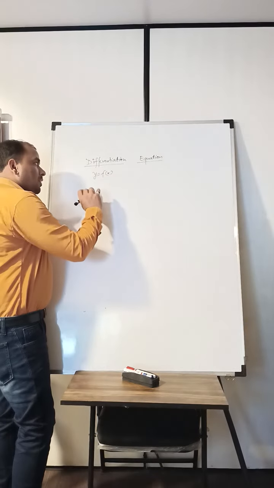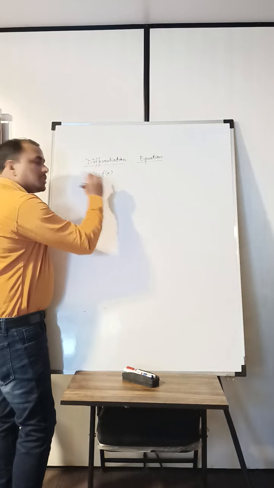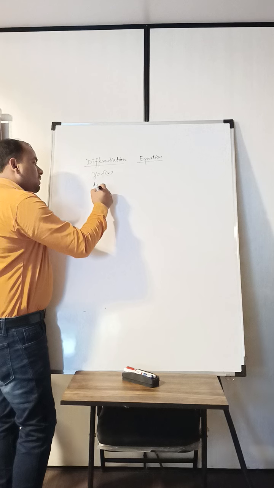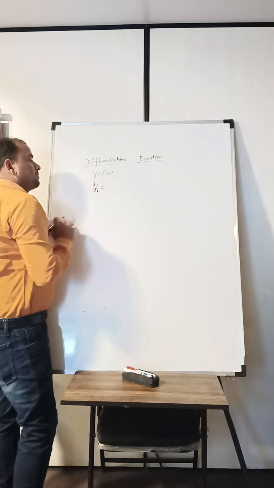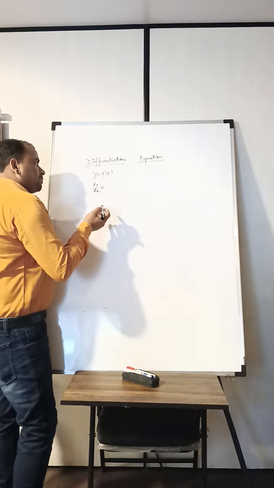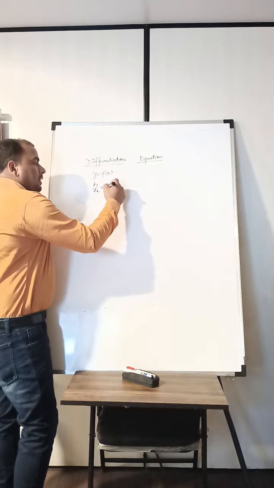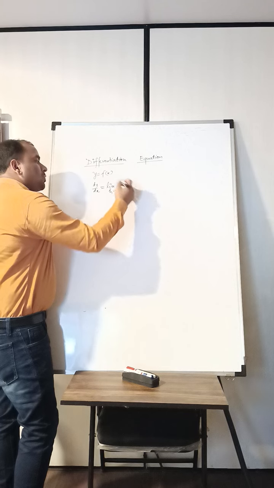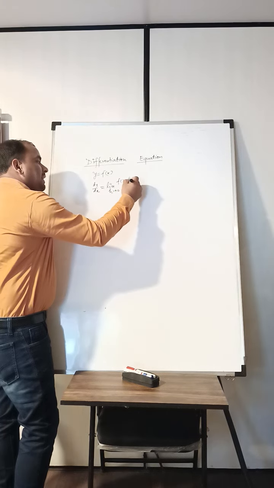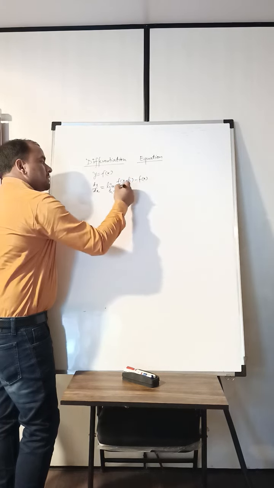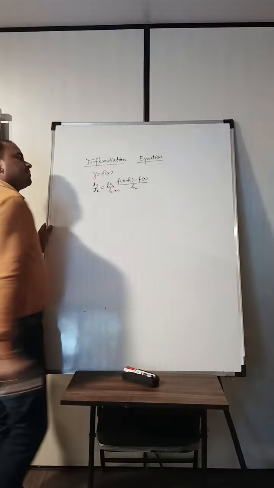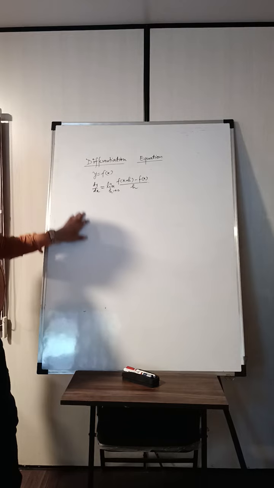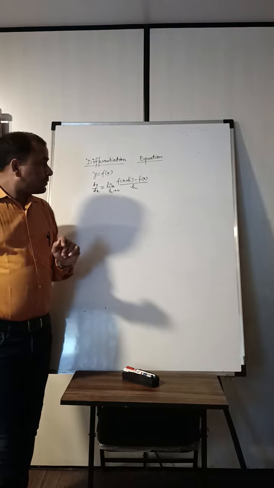Then the differentiation of y with respect to x is denoted by dy/dx, and it is equal to the limit h tends to 0 of f(x plus h) minus f(x) upon h. Similarly, we can define higher order derivatives.